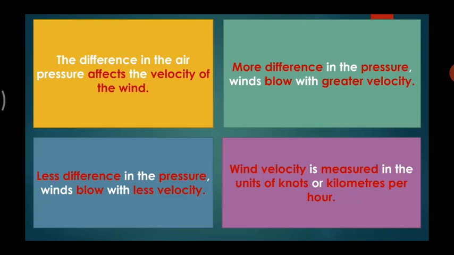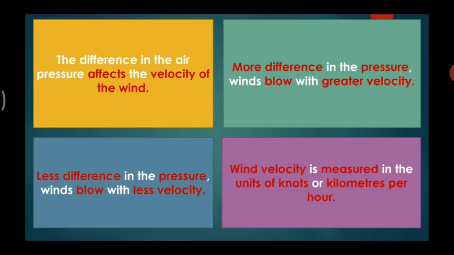As you know, air pressure is measured in millibars. We learnt in the previous chapter, air pressure is measured in millibars. Similarly, the velocity of the winds is measured in the unit called knots. You can see in the last box, right?